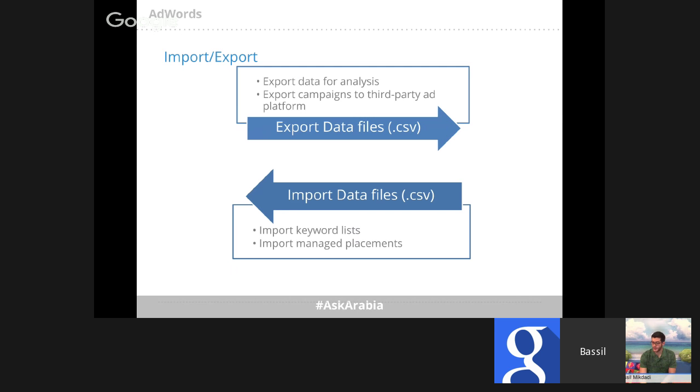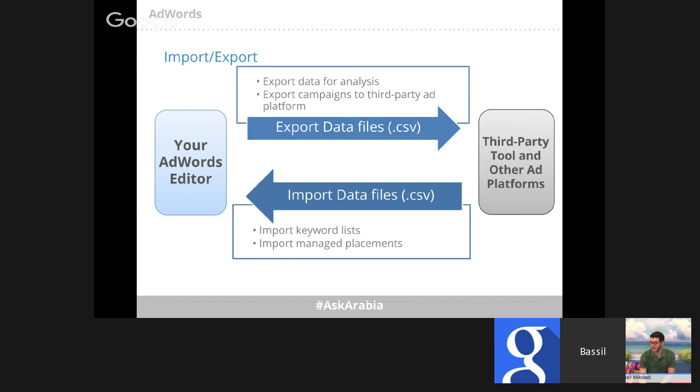Okay, another thing you can do is you can export data for analysis and export campaigns to third-party ad tools. So for example, you can go from your AdWords Editor to a completely different platform. The great thing about AdWords Editor is that it has the ability to integrate with other systems.